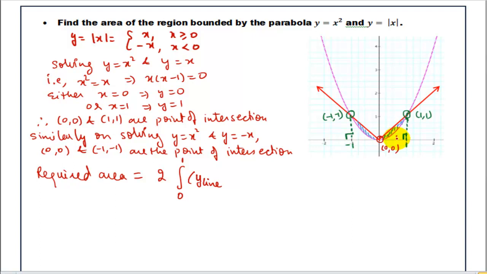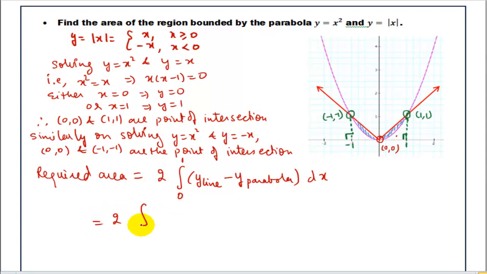So we need to see this extra area is falling under which curve. You will find this unwanted area is under the parabola. So from the area which is under the line, if we subtract the area which is under the parabola within the limits 0 to 1, if this difference be integrated, then we will get the required area.